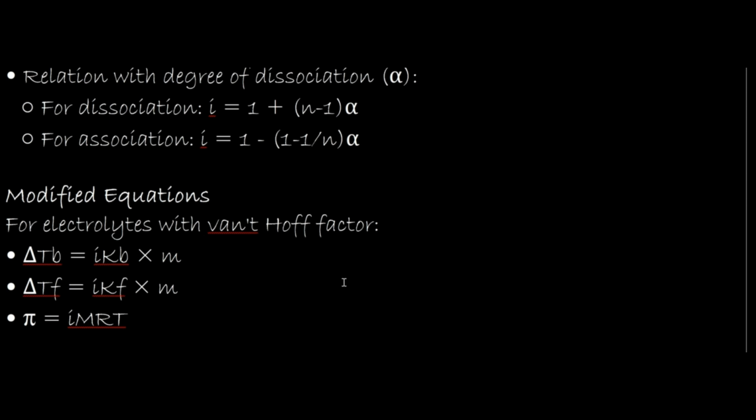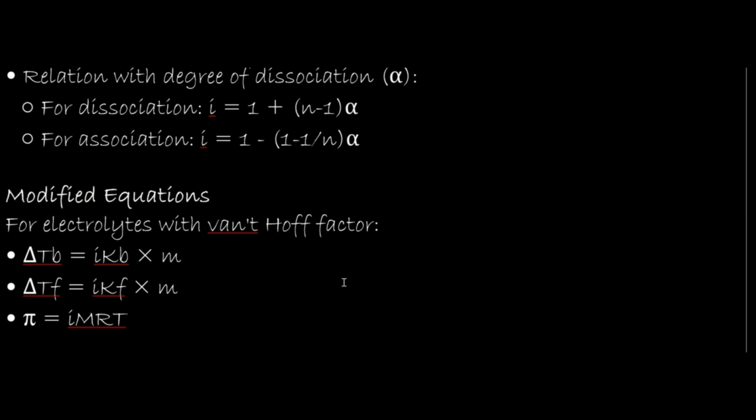The i factor, the Van't Hoff factor, you have to include when calculating temperature changes, freezing point depression, boiling point elevation, or osmotic pressure. Sometimes the question can be asked to find out i from the given value.